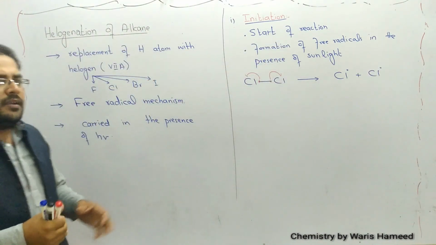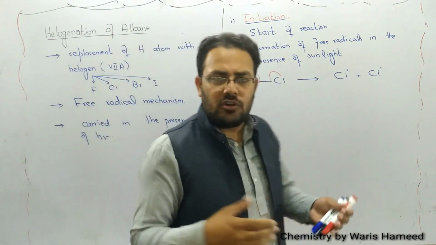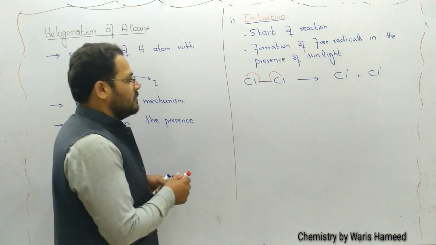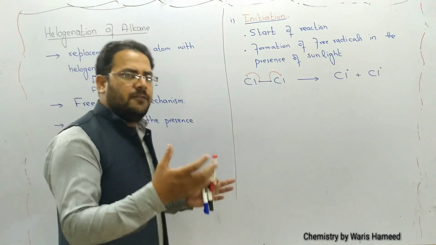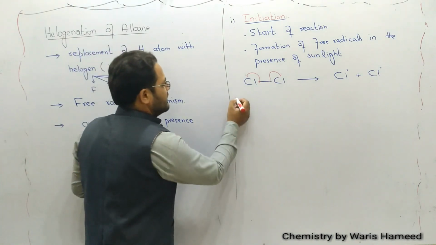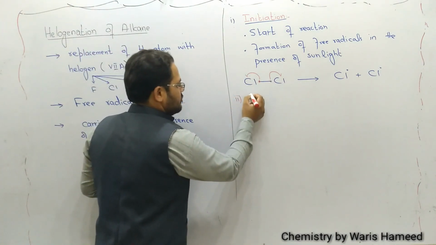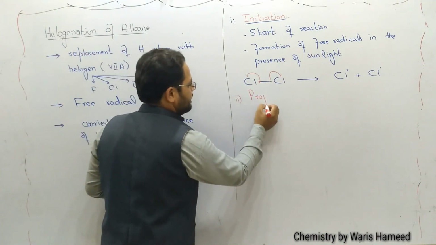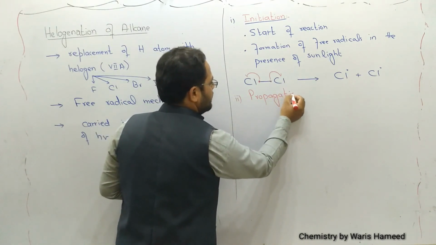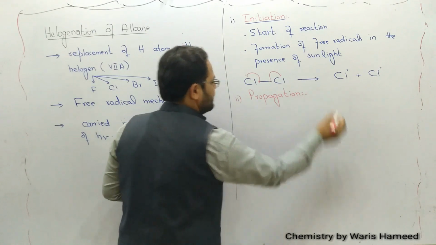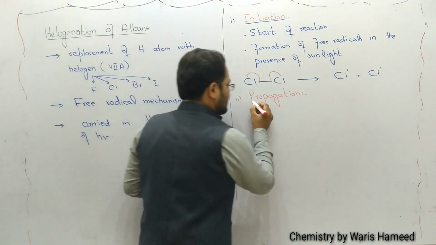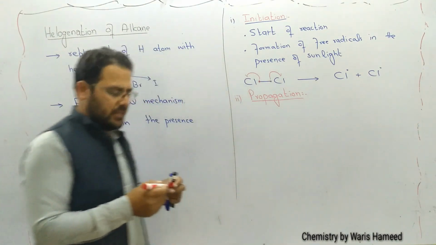Now we know that radicals are the most reactive species. In the next stage, there will be the reaction of radical with alkane. The second step is known as propagation. What is propagation? It is the further procedure of reaction.